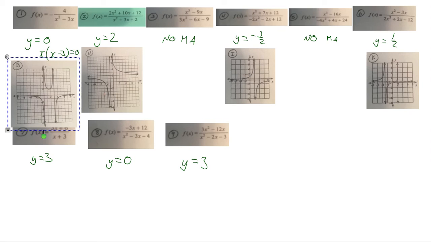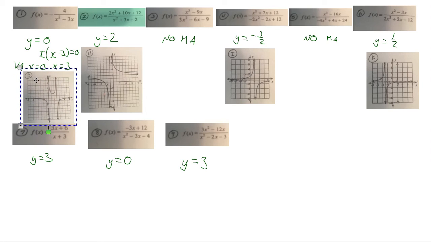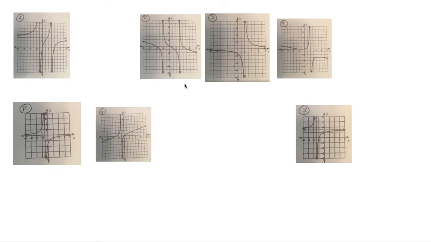I'll make that a little bit smaller so it fits. It's just a nice little process of elimination here. So number 8 also has a horizontal asymptote at y equals 0. Which of these other graphs has a horizontal asymptote at y equals 0?